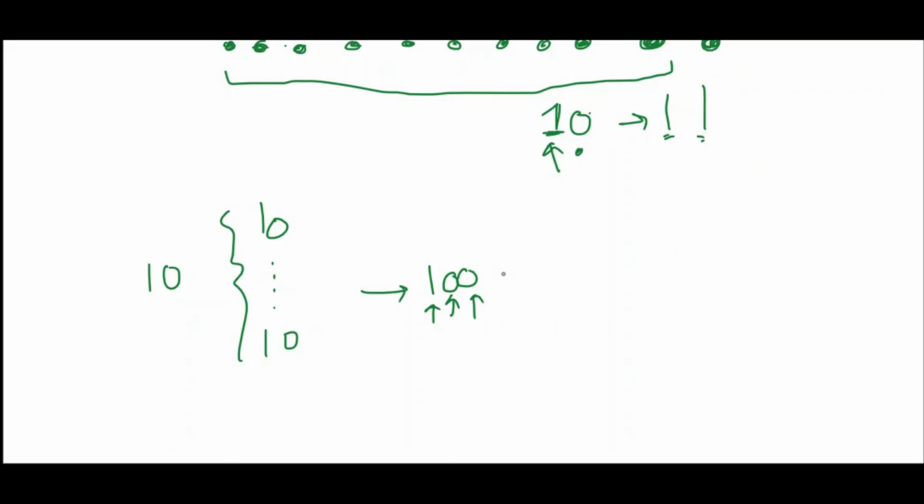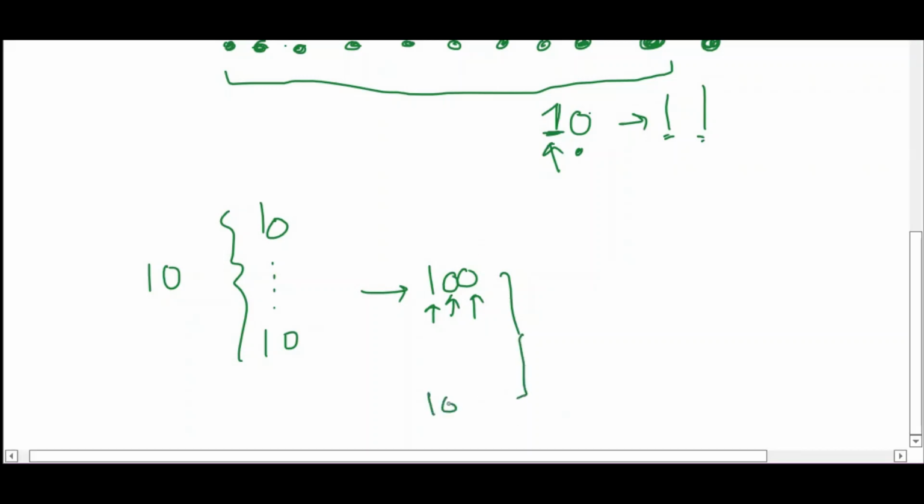Now if I take 10 of these elements, I will indicate it as one further digit on the left-hand side. So each digit on the left-hand side represents a new level of grouping by 10.